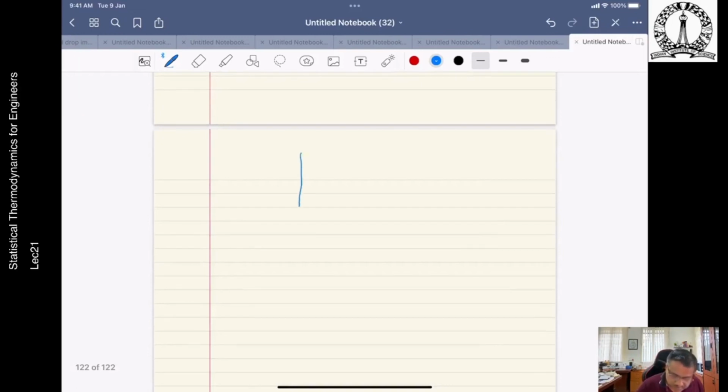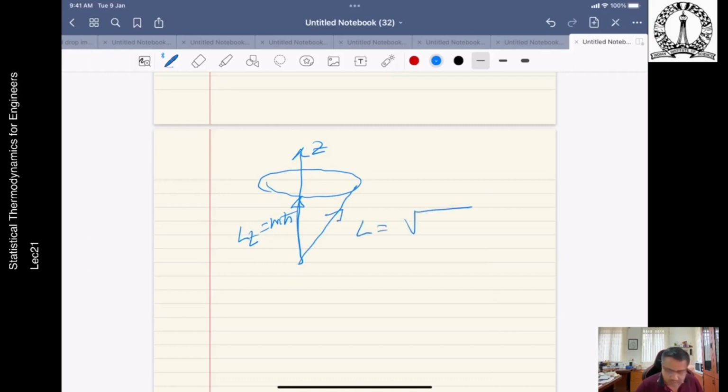Say this is the z-axis, and say the L_z. So L_z equals m h bar. This is basically L equal to root of j into j plus 1 times h bar. So this is how it works for j equal to 2.